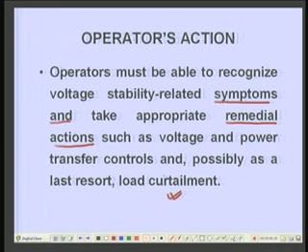If he feels that without load curtailment the system cannot be saved, he should have the authority to do the load curtailment, and he should have that type of experience and training, so that he can make out that at this operating condition the system is vulnerable, is prone to voltage instability, and he should know what remedial measures to be taken to save the system. A very difficult task, and that is why we require highly trained personnel to operate the system.